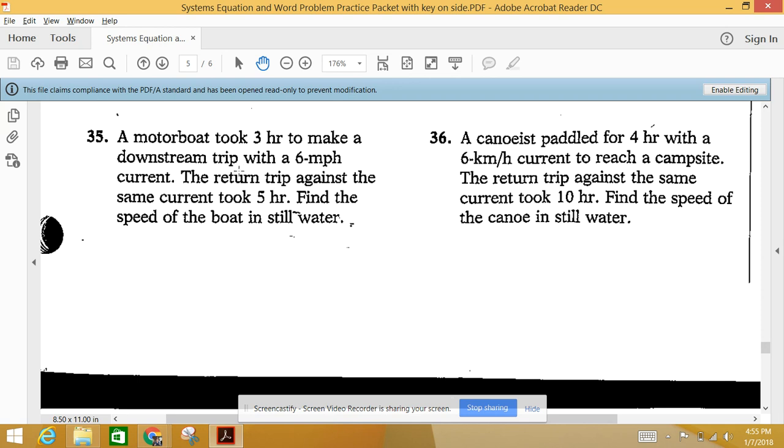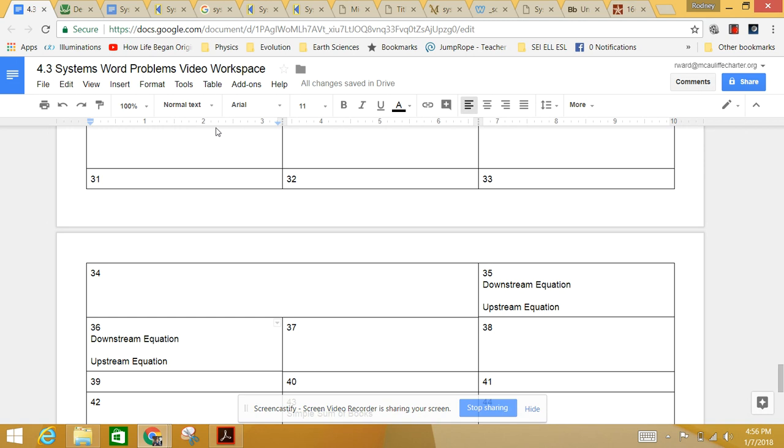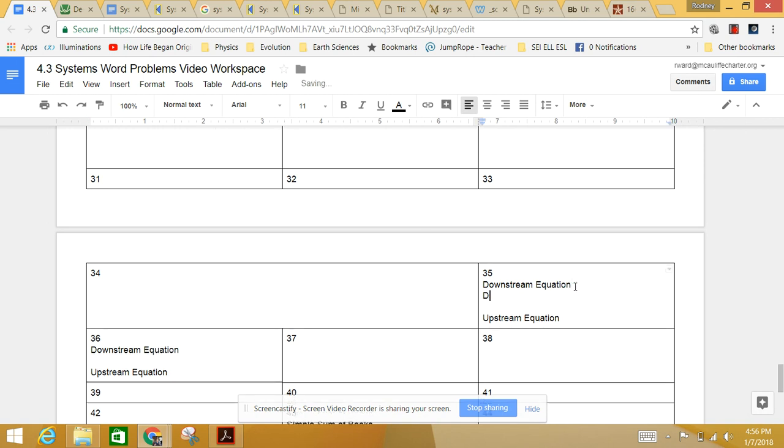So I'm going to create a downstream equation with this 3 hours for the downstream trip, and I'm also going to use the 6 mile per hour current in my equation. I don't know my distance, so I'm just going to call it D for distance.